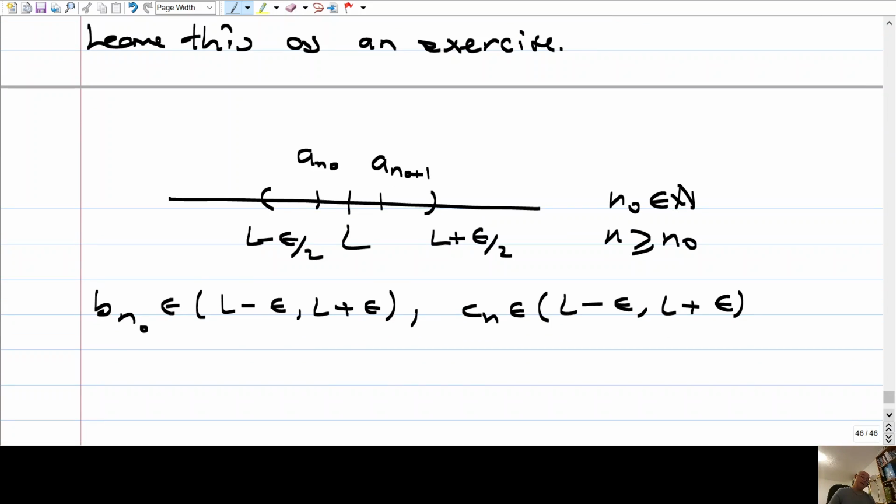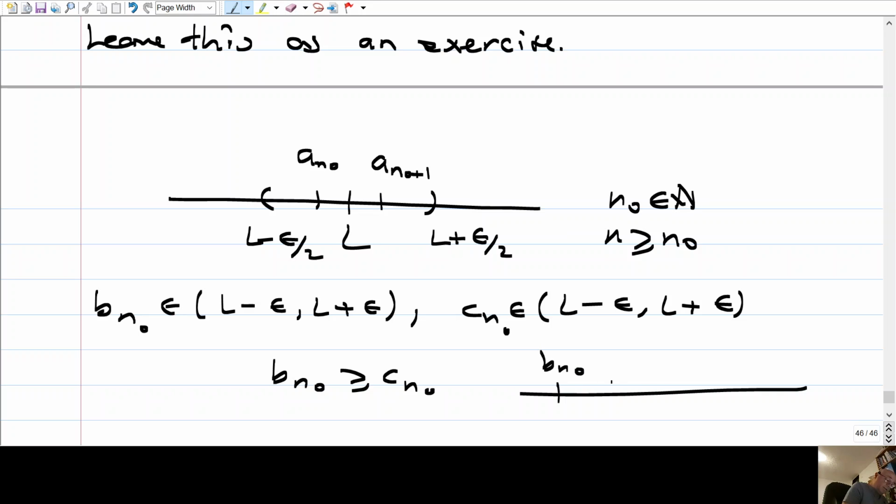All right, and we know this Bn0 is always larger than Cn0, right? And Bn is a decreasing sequence, and Cn is an increasing sequence. So this Bn0 is somewhere here, Cn0 is somewhere here.